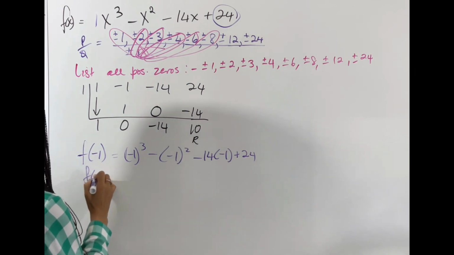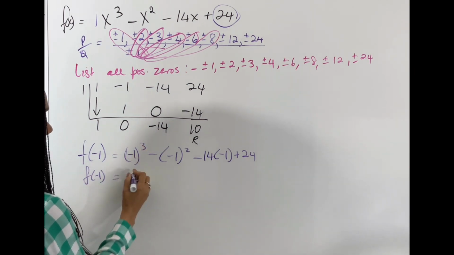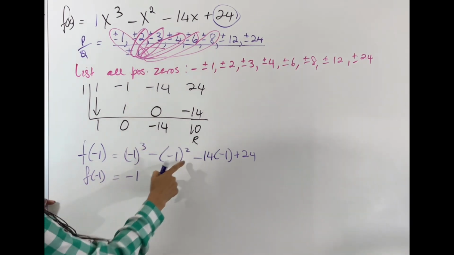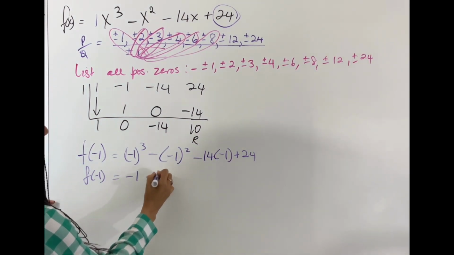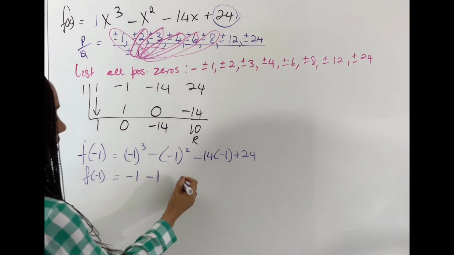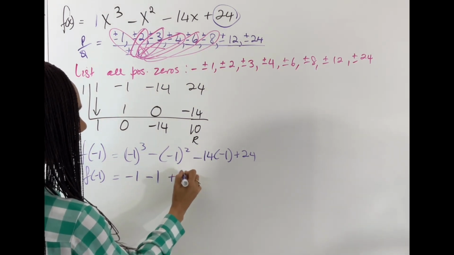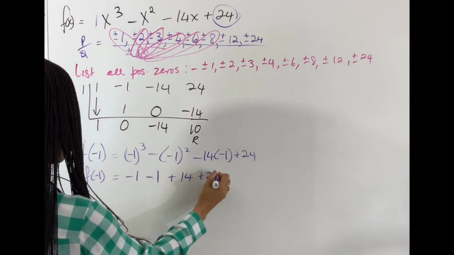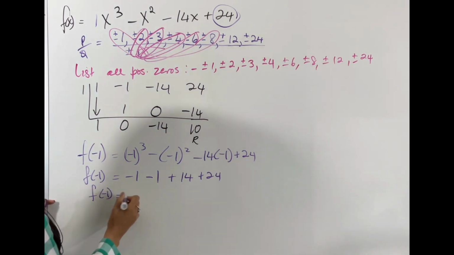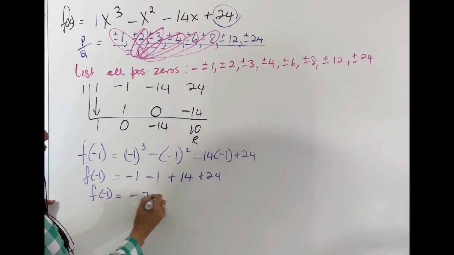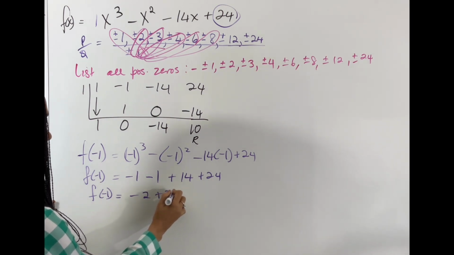So f of negative 1, this is going to be negative 1. Negative 1 to the second power is going to be a positive 1, but you already have the negative here. So you have that, and then you're going to get a positive 14 over here plus 24. So f of negative 1 is going to be negative 2 plus 38.